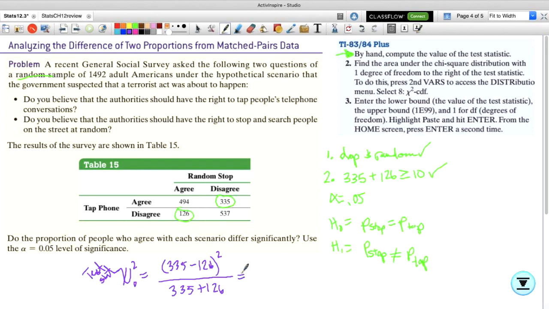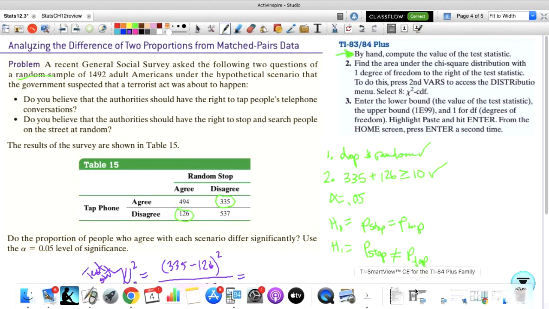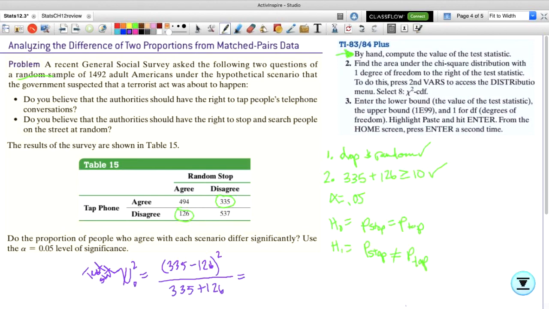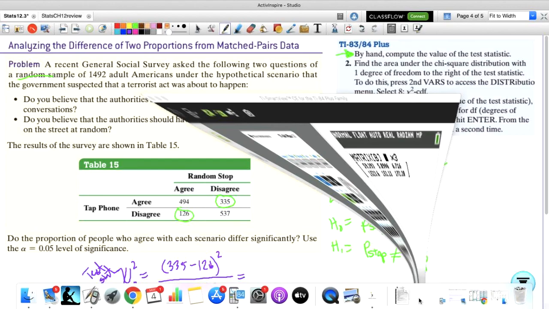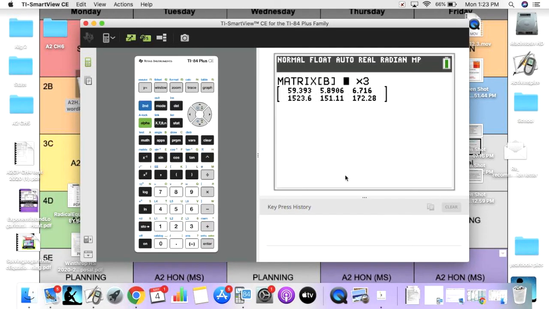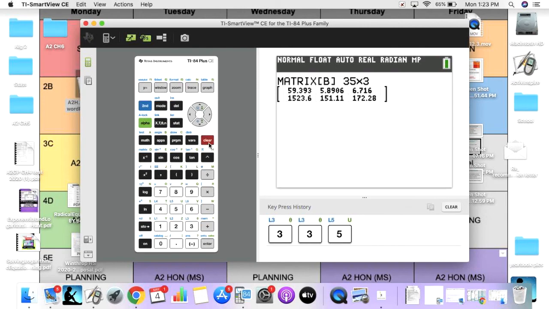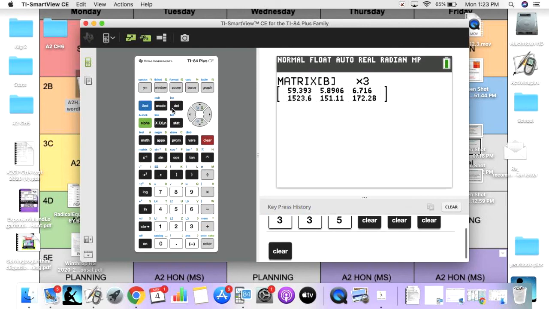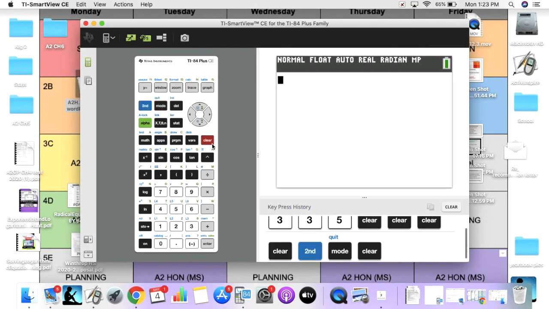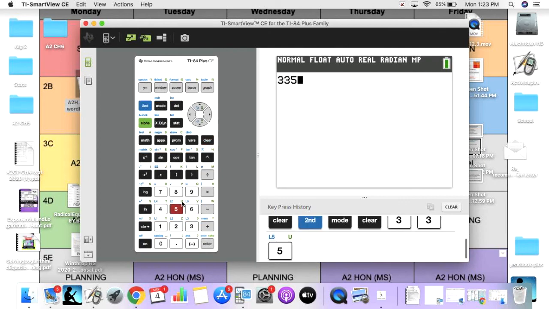So if we take these two and subtract them, we would have 335 minus 126.